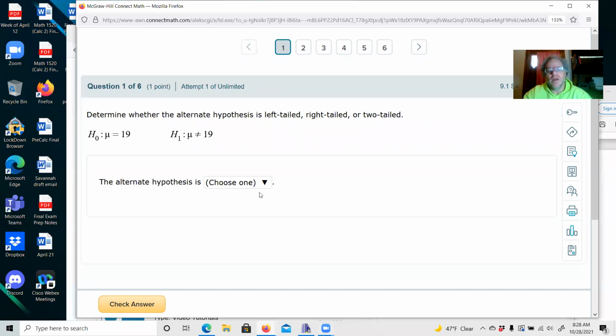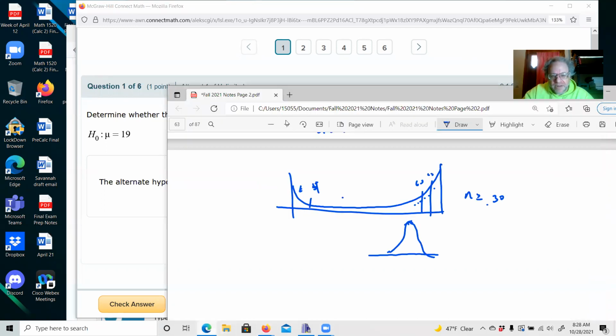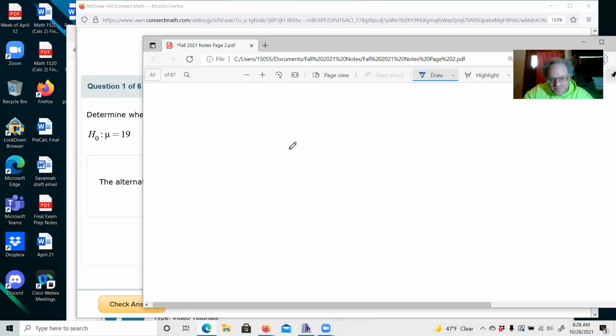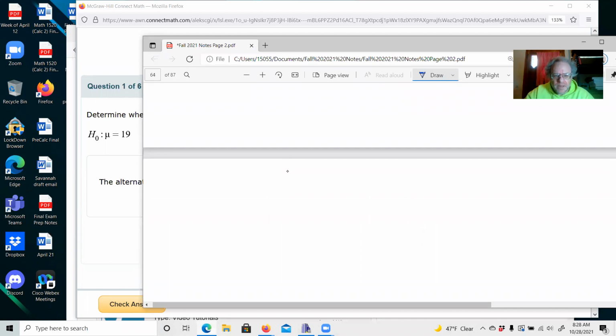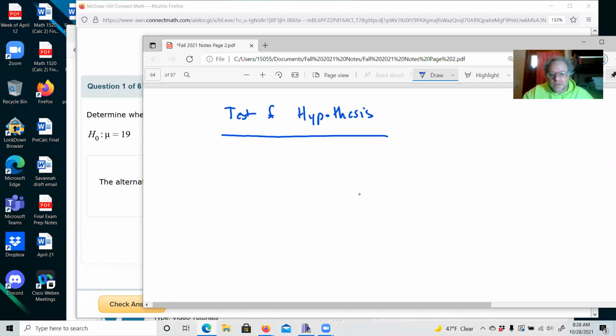So let's talk about what's happening first before we get into the problems. We're going to have a test of hypothesis. What we're doing is we're testing to see if something is true.